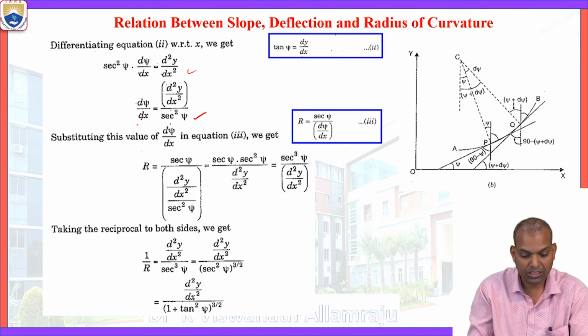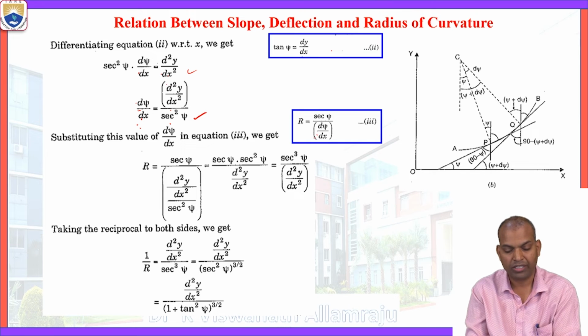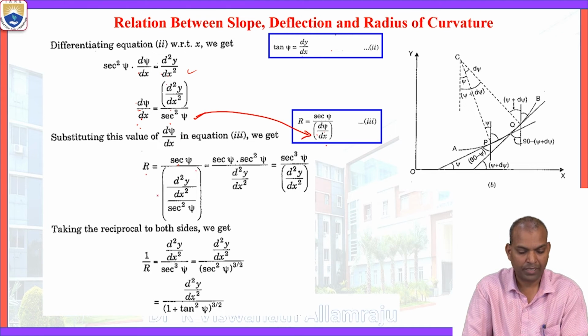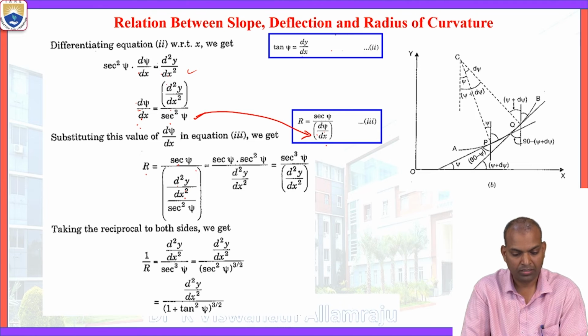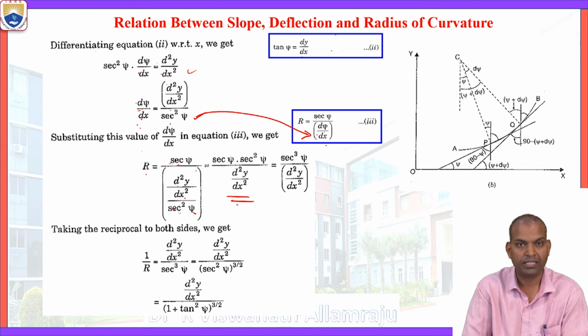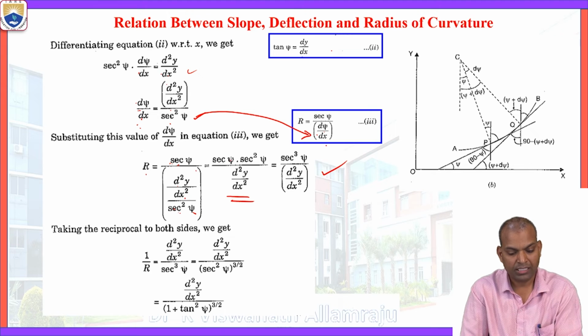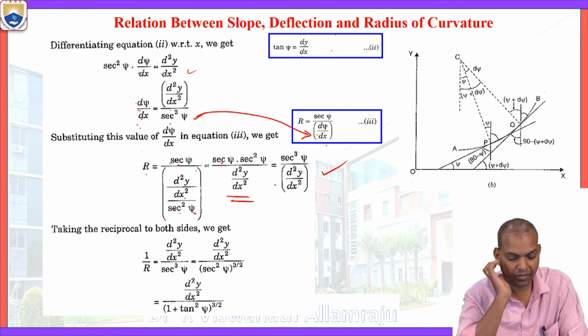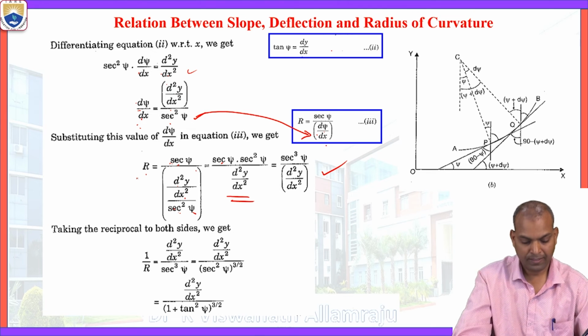Substitute this d psi by dx in equation 3, that is r equals secant psi by d psi by dx. Then r equals secant psi by d square y by dx square by secant square psi. Then secant psi and secant square psi combine to give secant cube psi by d square y by dx square.